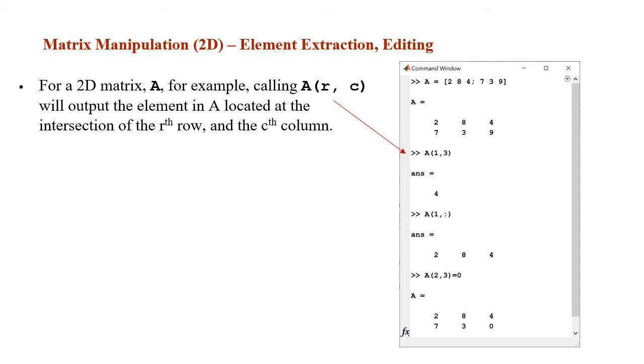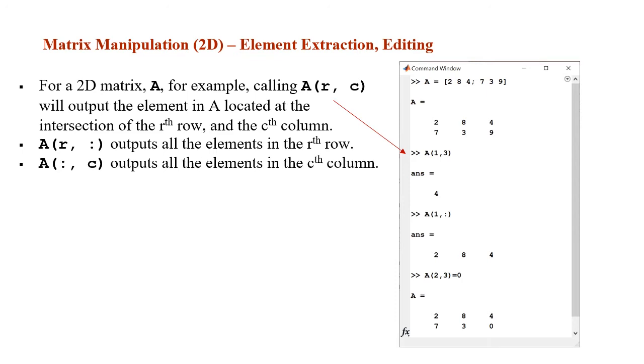For a 2D matrix A, for example, calling A(R,C) will output the element that's located at the intersection between the rth row and the cth column in A. A(R,:) will output the rth row in A. Alternatively, A(:,C) will output the cth column in A. If, for example, we type A(1,:), that will output the first row in A as we see in this example.